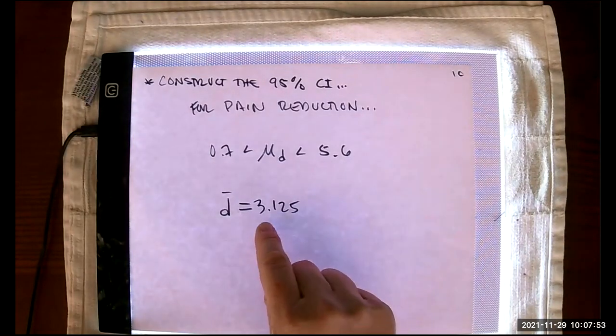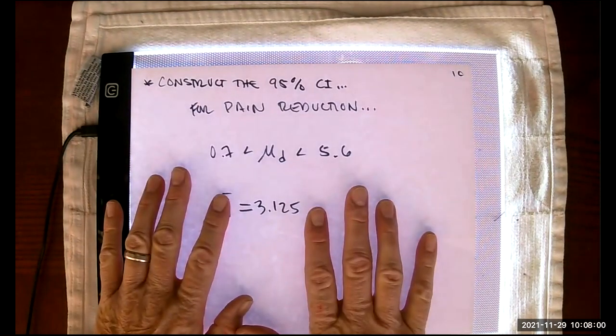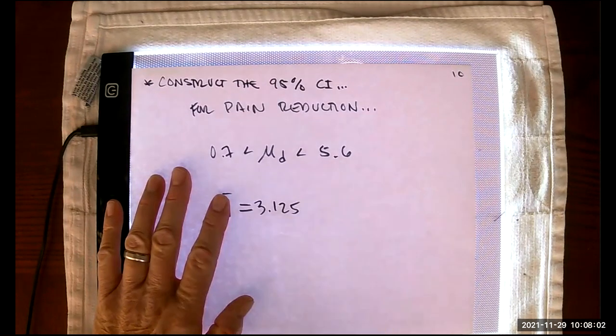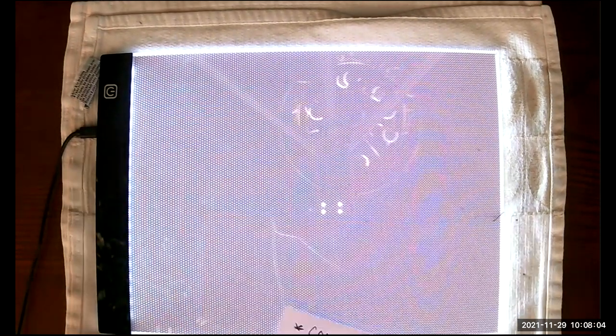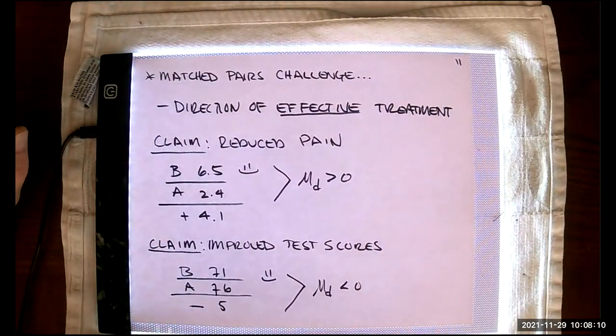You'll notice these values are positive. That's because we went from a high value to a low value when this treatment was effective. In fact, let me close with that notion. The matched pairs challenge. The direction of effective treatment is important.